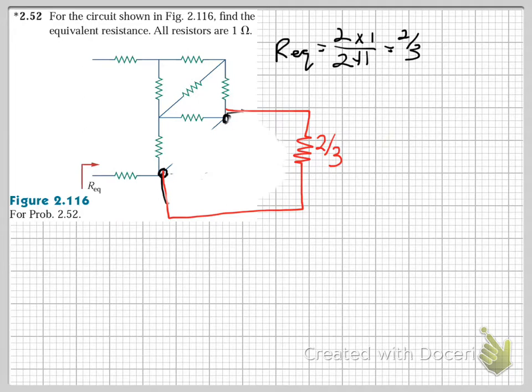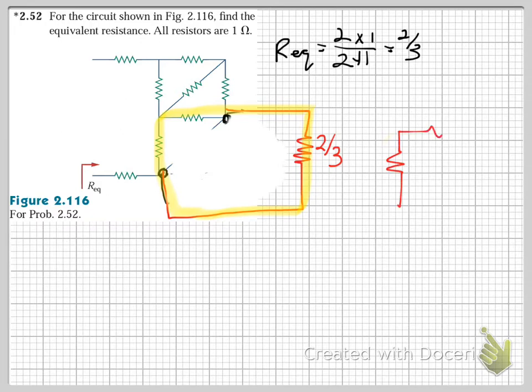a much simpler diagram where you can see that between here and there we have a delta, right? So should we transform that delta? Why not? Let's see what it becomes. So our delta looks something like this.